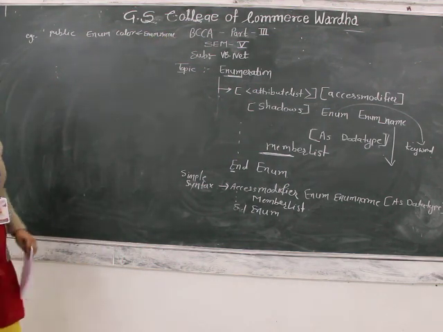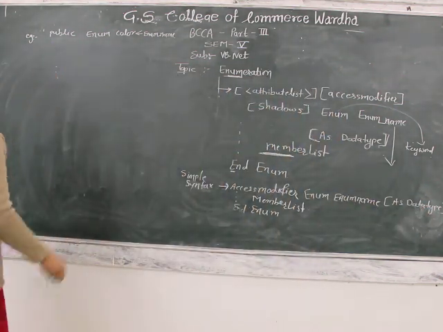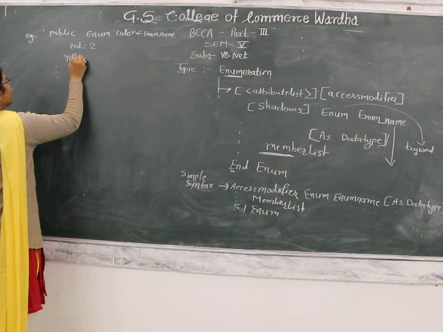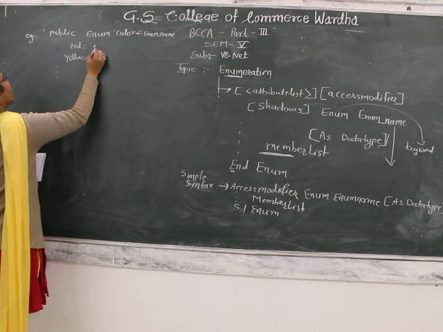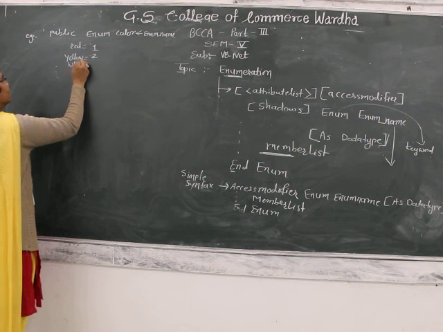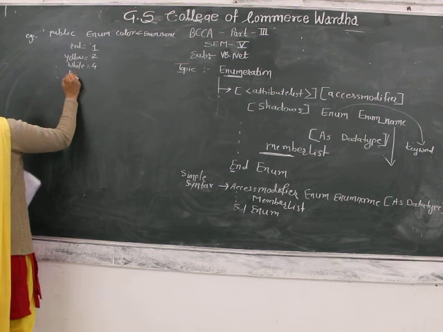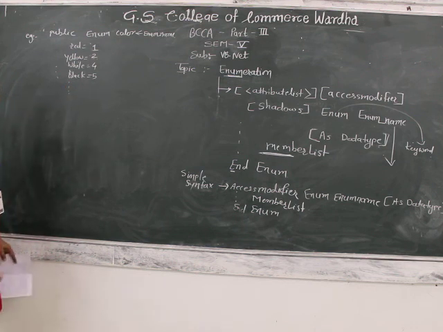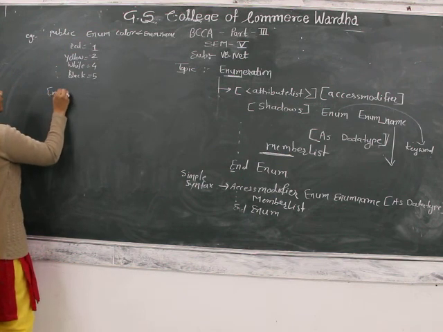Here I skip the data type because it is optional. Then I write Red equals 1, Yellow equals 2, White equals 3, and Black equals 4, for remembrance. We can give color names and assign an integer value to each. And then End Enum.